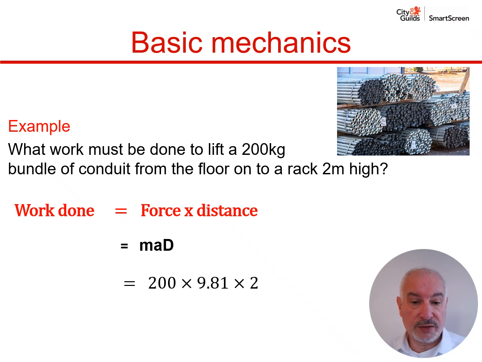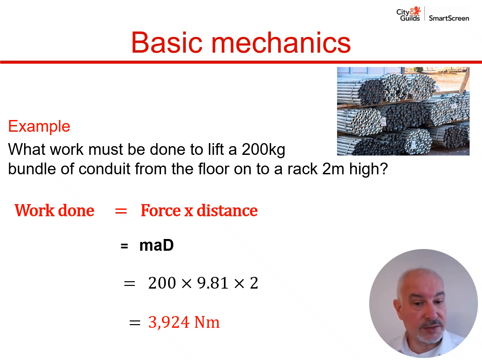And so the answer is 200, that's the mass, times 9.81, that's the acceleration due to gravity, and times 2, that's the distance that the bundle of conduit is going to be moved. And so that gives us an answer of 3,924 Newton meters.